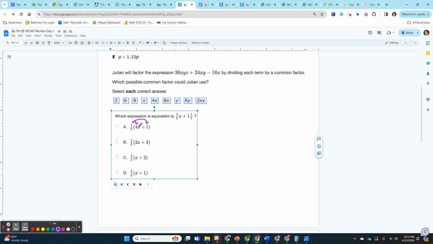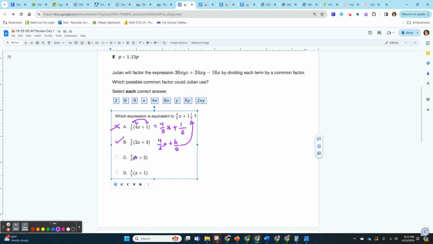So 1/5 times 4x is 4/5 x, but 1/5 times 1 is 1/5, not 1 and 1/5. So this would not be correct. If I do 2/5 times 2x, I still get 4/5 x, but 2/5 times 3 is 6/5. 2 times 3 is 6. So this is correct.